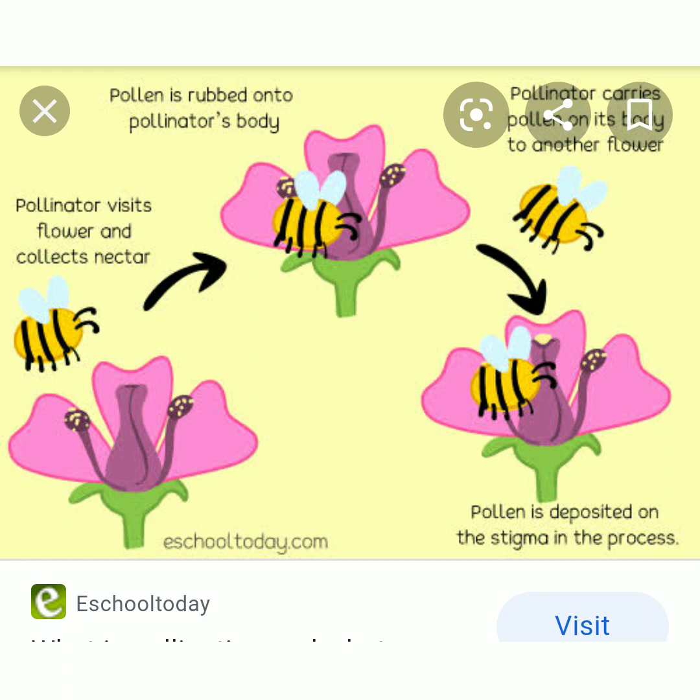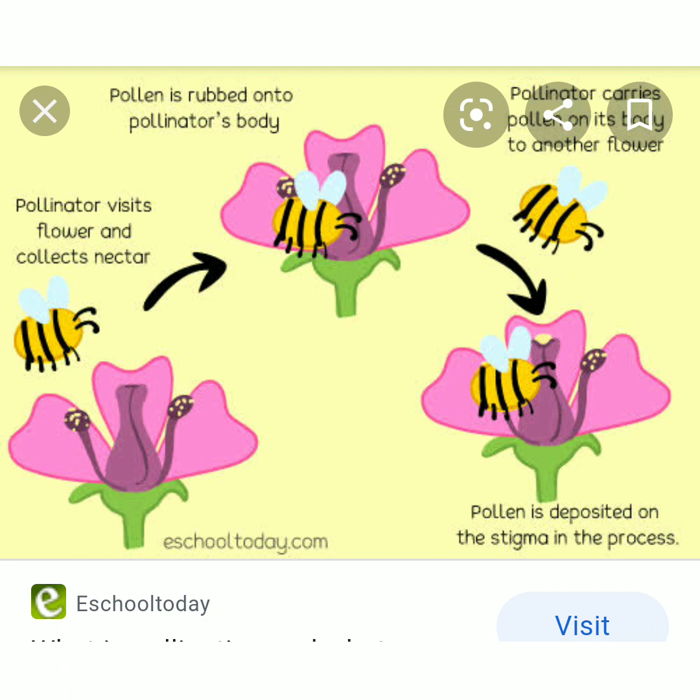Pollinating agents help in pollination. Biotic pollinating agents include insects, honeybees, butterflies, birds like hummingbirds, and animals like bats. Abiotic pollinating agents include dewdrops, wind, and water.